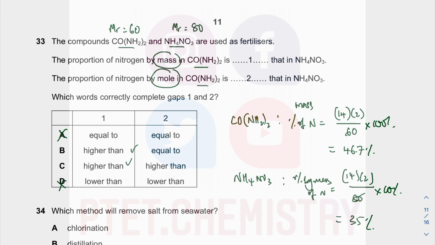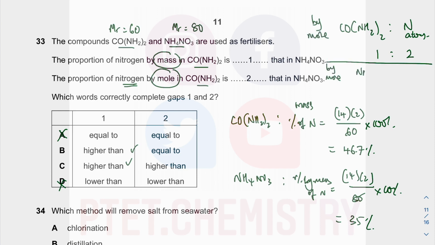Okay, so now if you look at the formula, in 1 mole of this, I have 2 mole of nitrogen atoms. This is by mole.